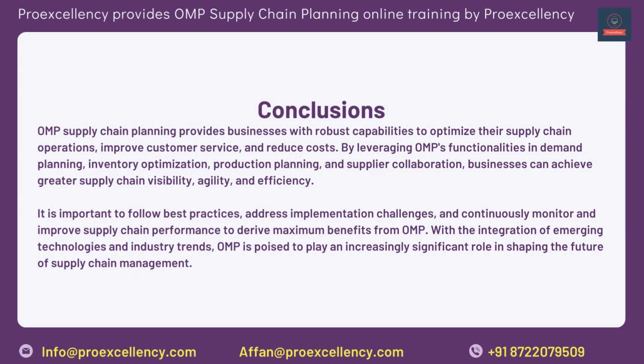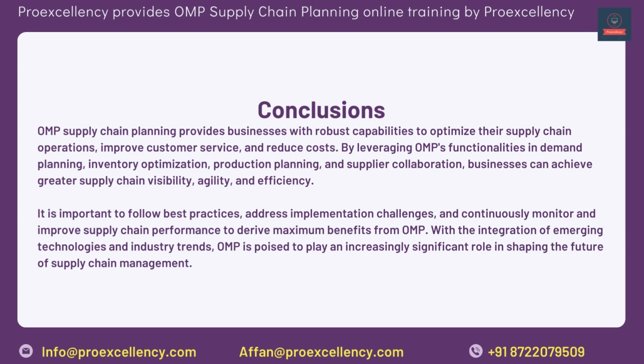It is important to follow best practices, address implementation challenges, and continuously monitor and improve supply chain performance to derive maximum benefits from OMP. With the integration of emerging technologies and industry trends, OMP is poised to play an increasingly significant role in shaping the future of supply chain management.